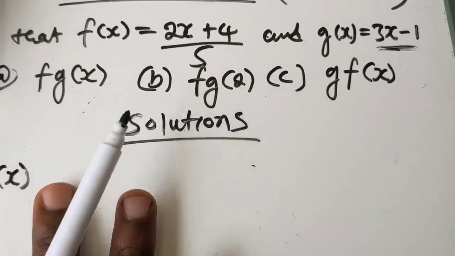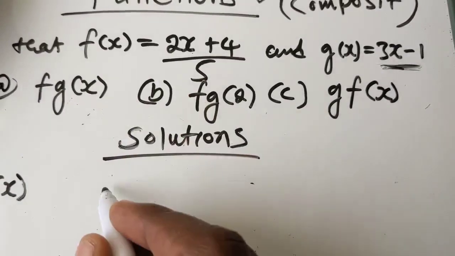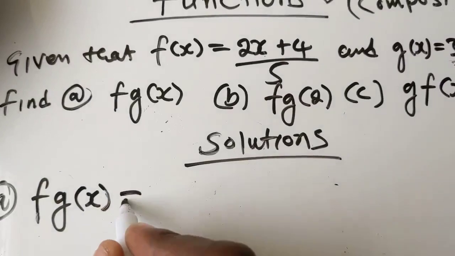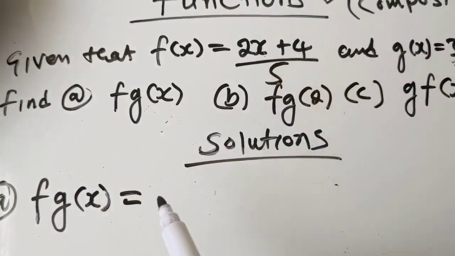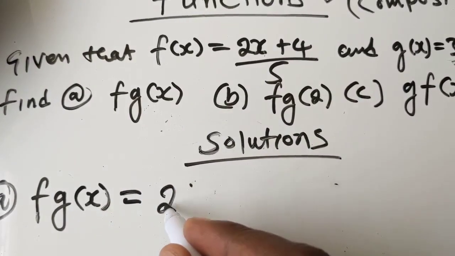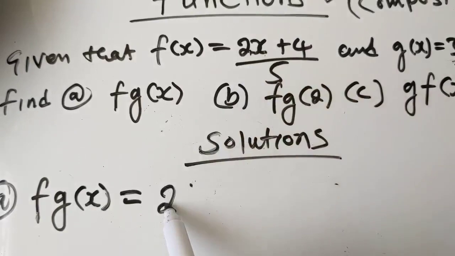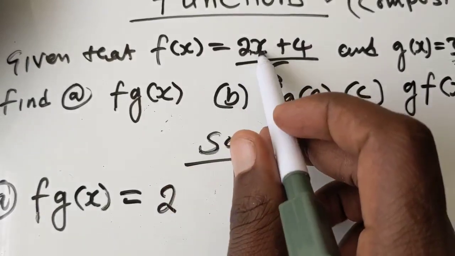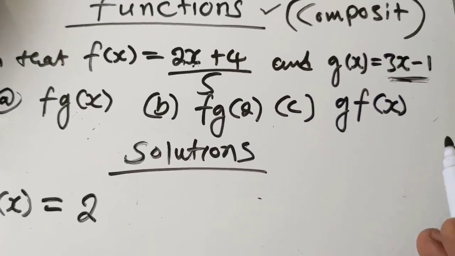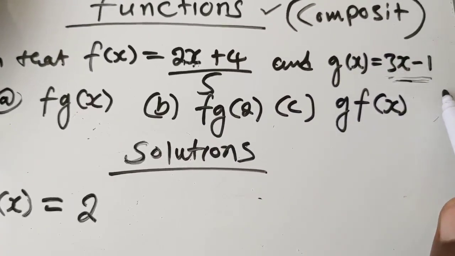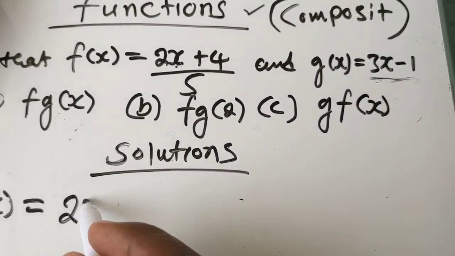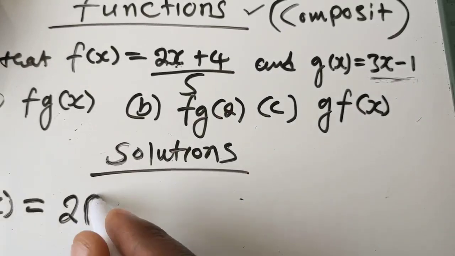So you get this function, which has 2 as the multiplier. We write 2 like that. Then x has to be replaced with the function of g of x, like that. So you just open the bracket, like that.